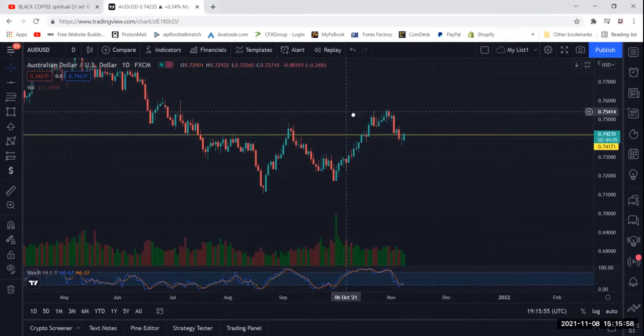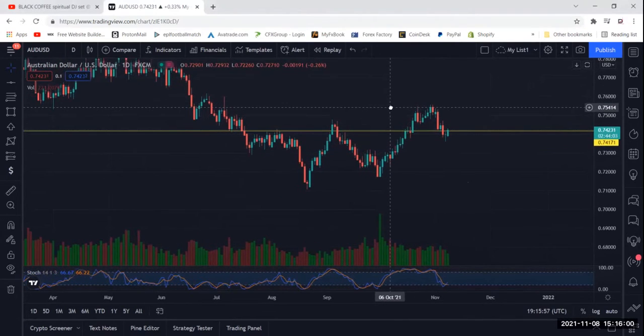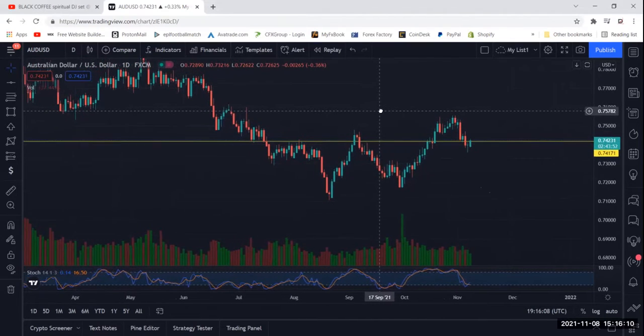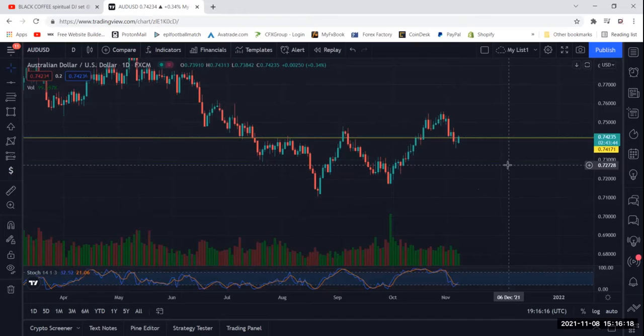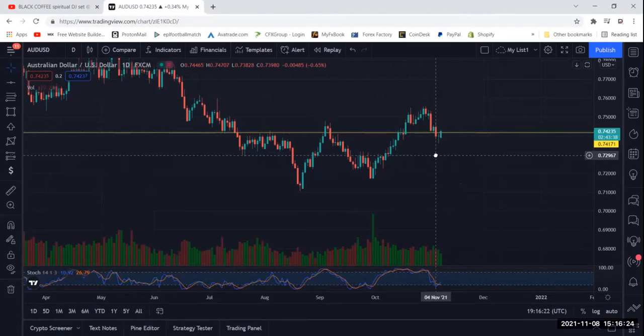So guys, today I'm going to spend a few minutes on the currency pair, Australian dollar against the USD. You can see I have a daily chart open. What we can see happening here is the beginning of what I would like to hope is an uptrend.